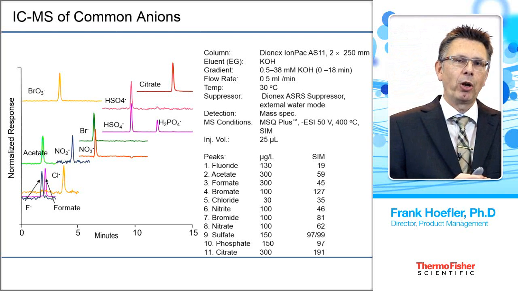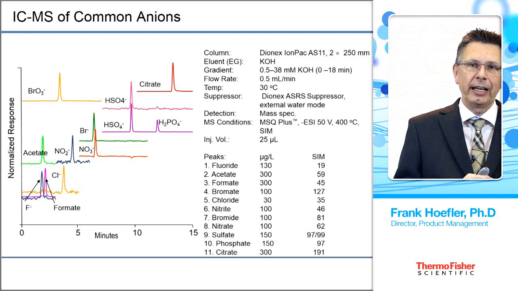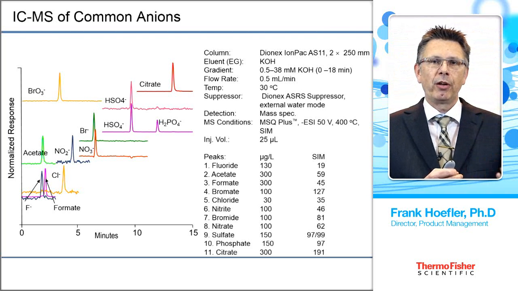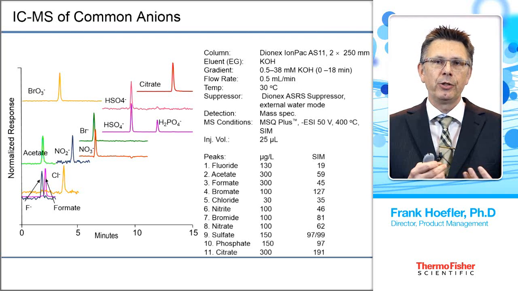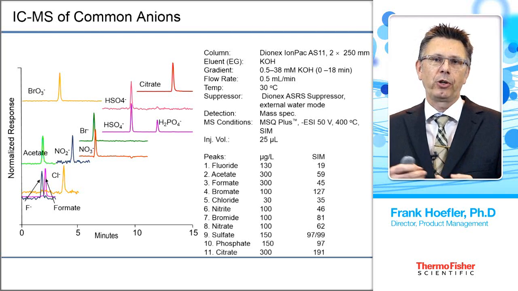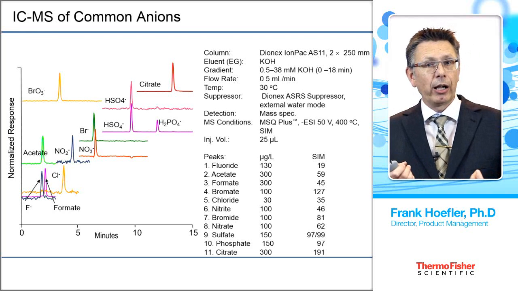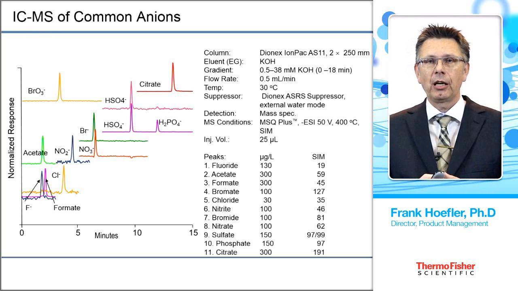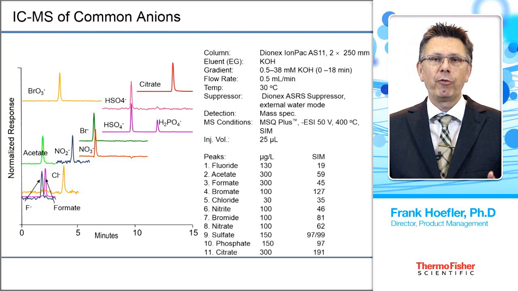We also see a small isotope peak at mass 99, which comes from the sulfur-34 isotope in sulfate. And we can use that information again to really identify that the peak we are detecting is sulfate and nothing else. What else could it be? What else is detected at mass to charge ratio 97? Phosphate.